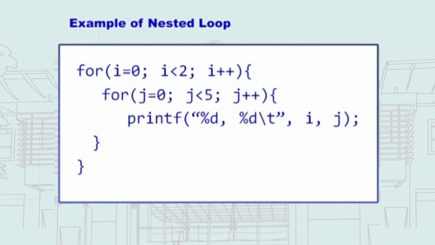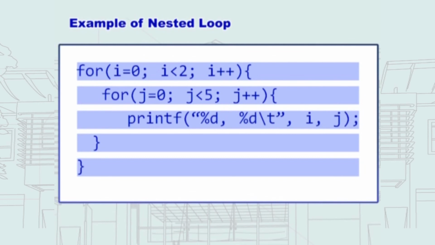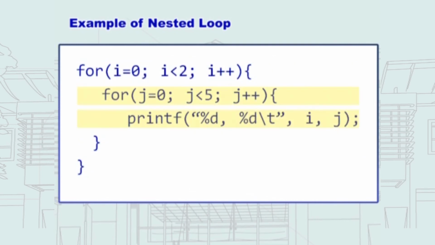There are two parts, inner loop and outer loop. It begins with the outer loop where i equals 0 and when i less than 2 is true, the inner loop takes control.